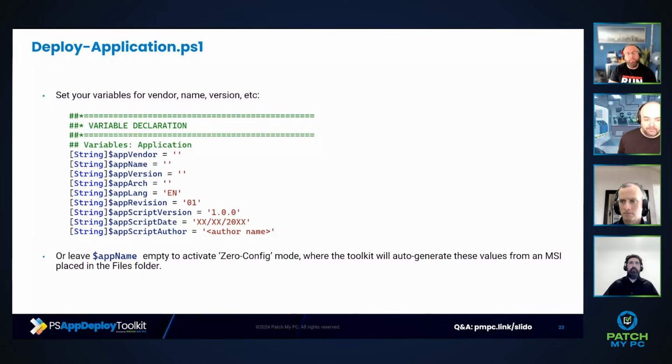It will use it in the log files, and it will automatically just install or uninstall, depending on which mode you're running the toolkit, that MSI that it finds in that folder. So if you're just using it for a simple MSI, you don't even need to fill in this information or fill out the install commands. You can just take the raw toolkit and put your MSI in the files folder and you're good to go.